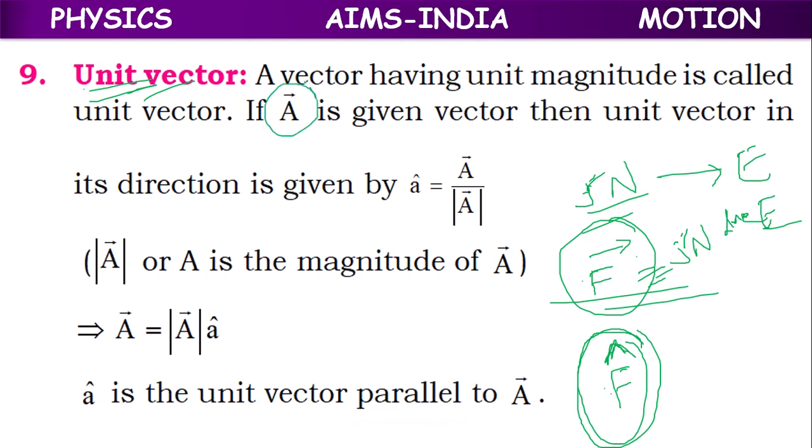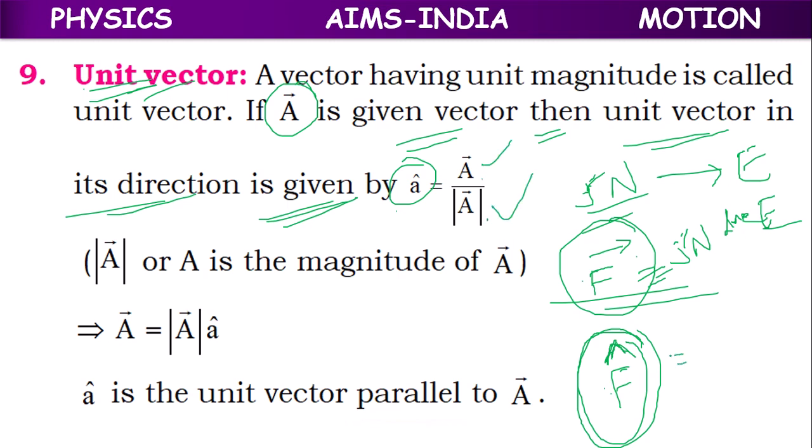Suppose A bar is the given vector, then the unit vector in its direction is given by A cap, which is equal to the complete vector divided by its magnitude.